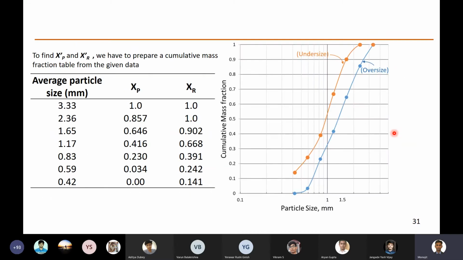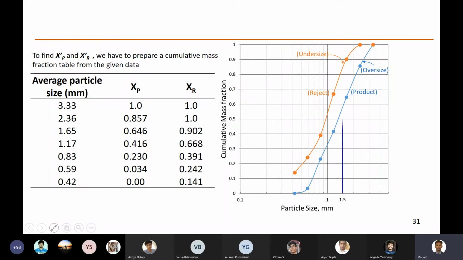Right, now we are trying to draw a vertical line from here, which would hit the product and go here, and which would also hit the reject and go here. So if it hits the reject line, what will the corresponding value on the y-axis be?